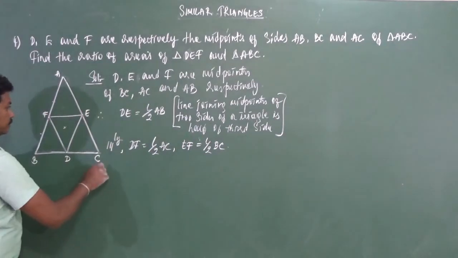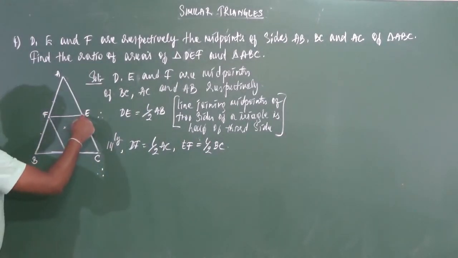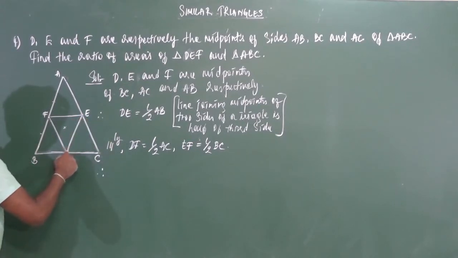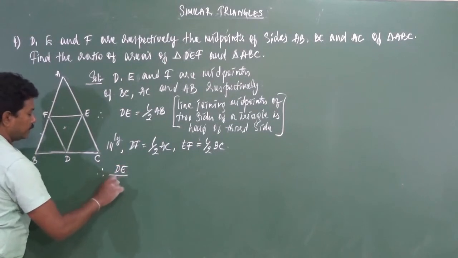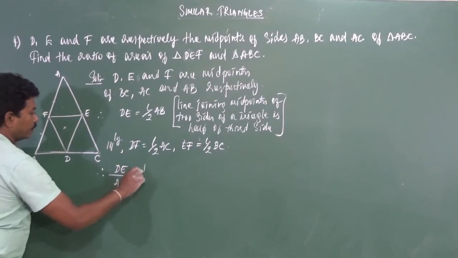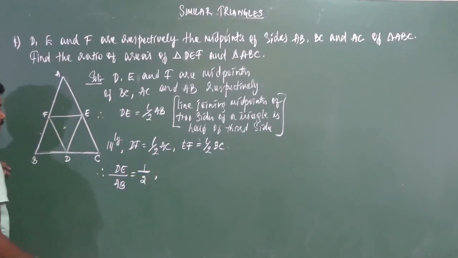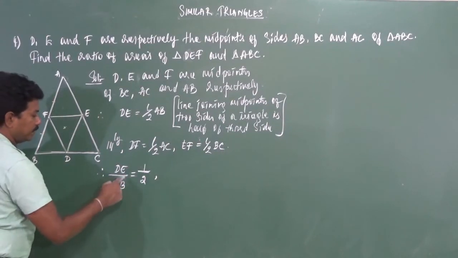So now we'll take the ratio. DE by AB will be equal to 1 by 2. That is, AB into 1 is AB, 2 DE.